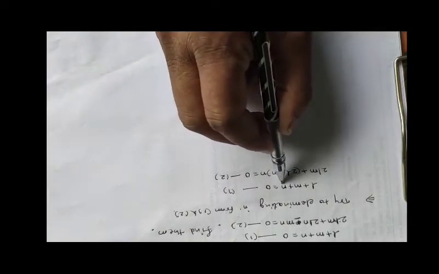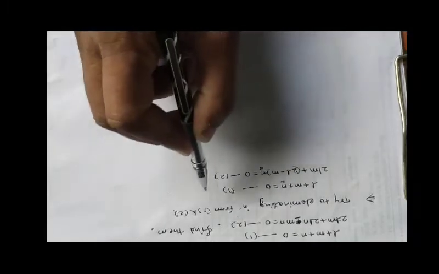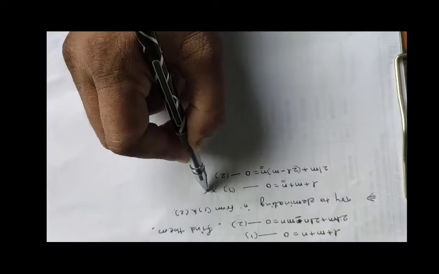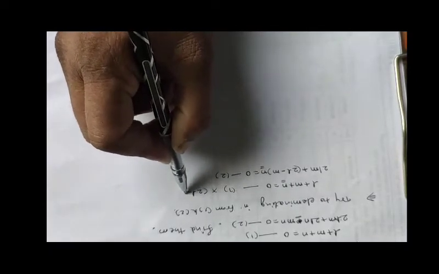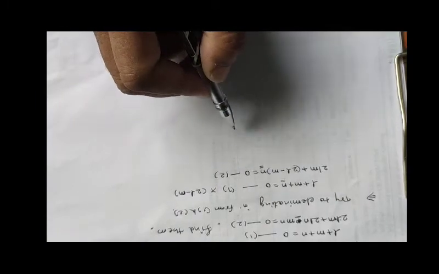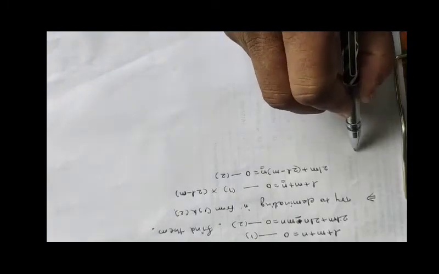Here the coefficient of n is 1 and here the coefficient of n is 2l minus m. Therefore, we have to multiply equation number 1 by 2l minus m.